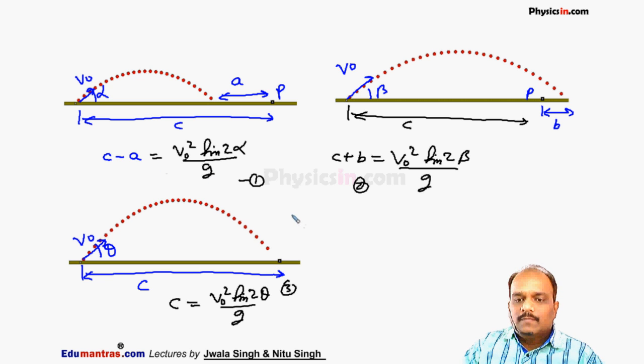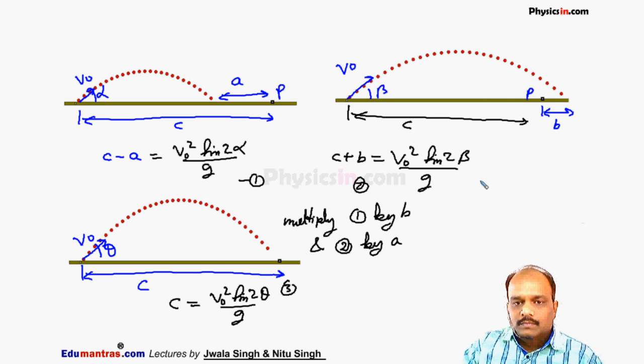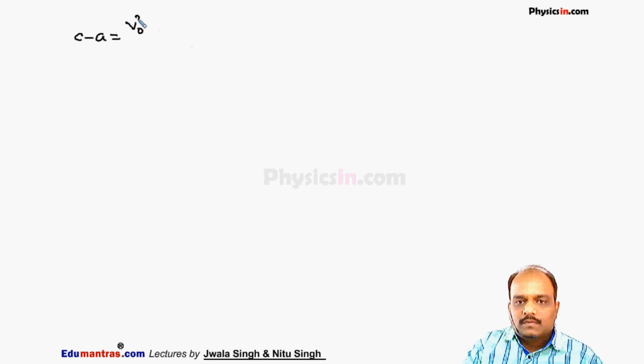From first and second, we multiply the first by B and the second by A. We get C minus A is equal to v0 square sin 2 alpha by g.